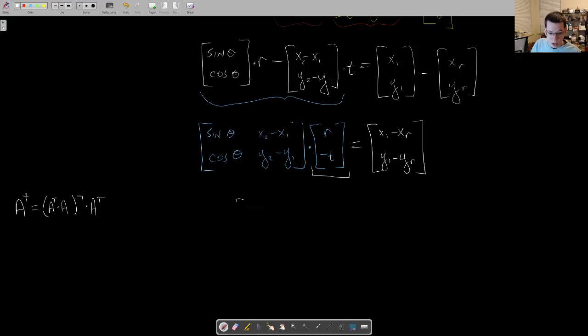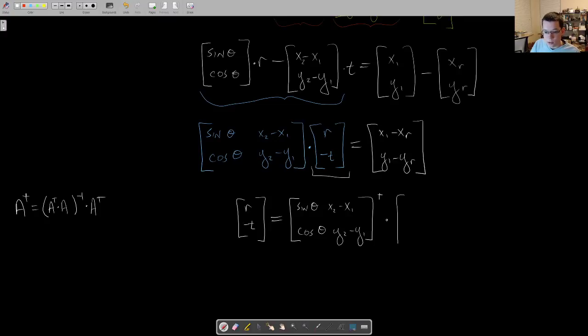So we'll have R and negative T equals the pseudo inverse of the matrix with sine theta, x2 minus x1, cosine theta, y2 minus y1, times x1 minus xr, y1 minus yr.